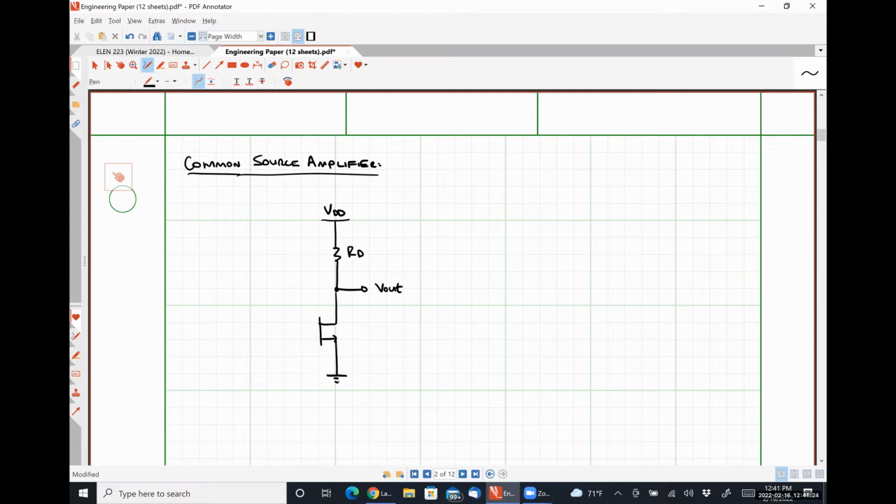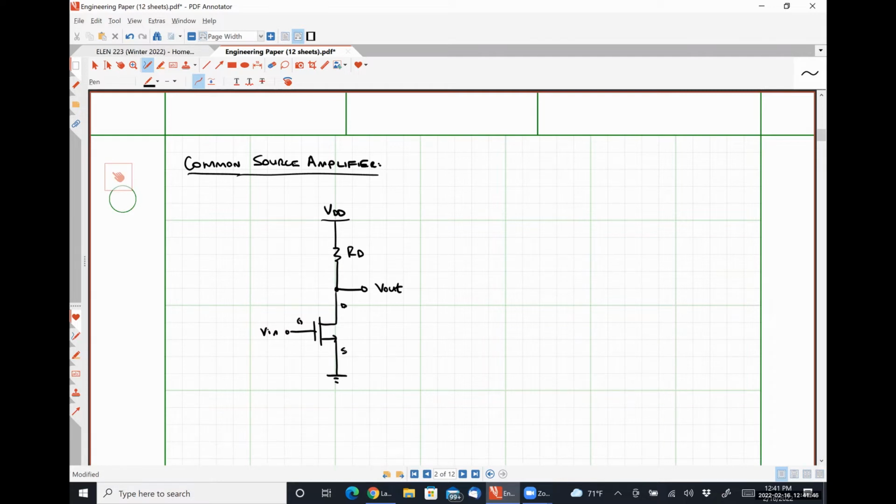Our source terminal will be connected directly to ground, at least for this core representation. And then here is our input signal. So just to be clear, gate, drain, and source for our NMOS transistor.